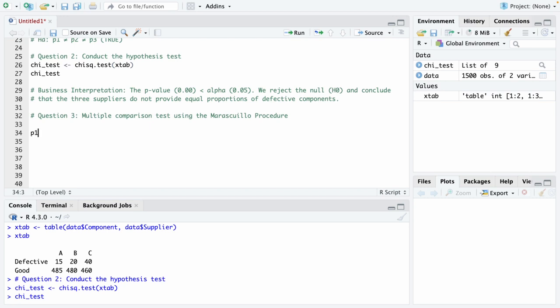So I could just say that P1 is equal to... okay, let's do it this way. Let's define x1 is 15, and n1 is 500.